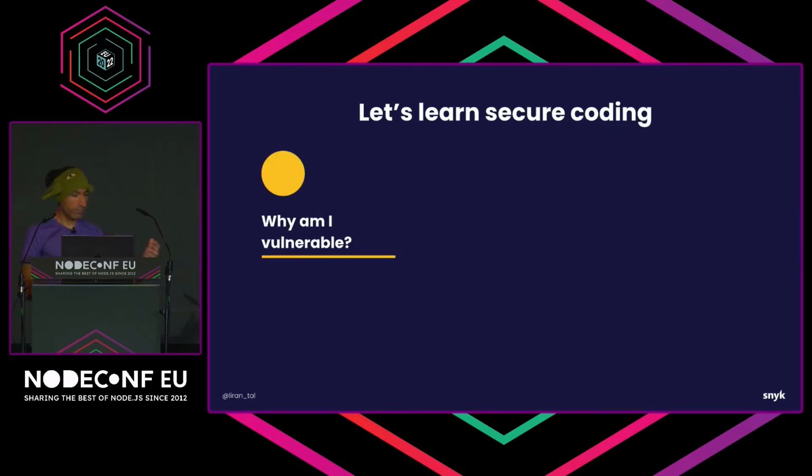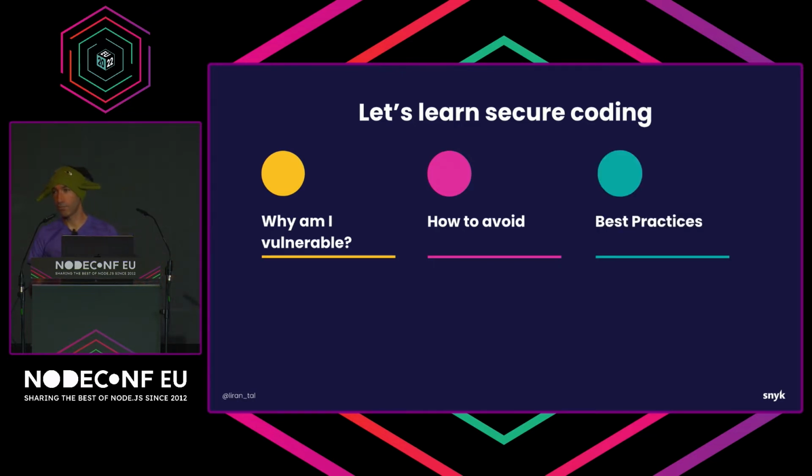So, to begin with: why am I vulnerable, why is that code vulnerable to begin with? How do we avoid different permutations of Path Traversal happening for us? And then, in this talk, I'll try to provide you with some secure coding practices of how to implement them in your day-to-day code so you are not vulnerable to Path Traversal in the future.